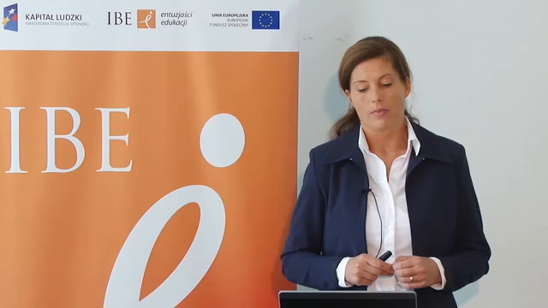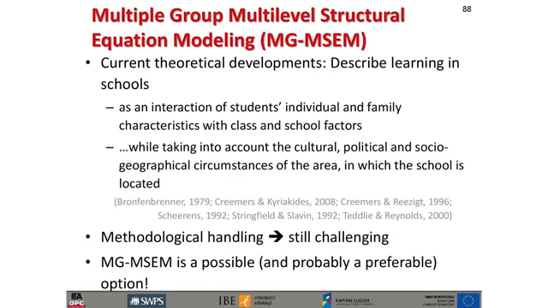So the method is a very interesting method, and I would say a recommendable one. Recently I have been applying this method with 10 or 15 countries already, and it works well. This method aims to correspond to theoretical developments that describe learning in schools as an interaction of students' individual and family characteristics with class and school factors.